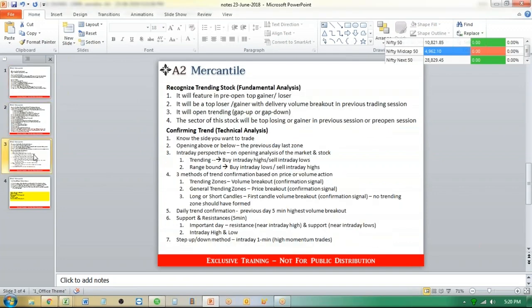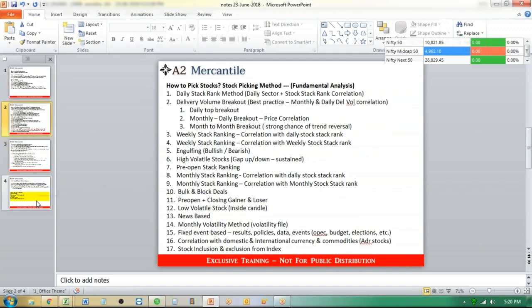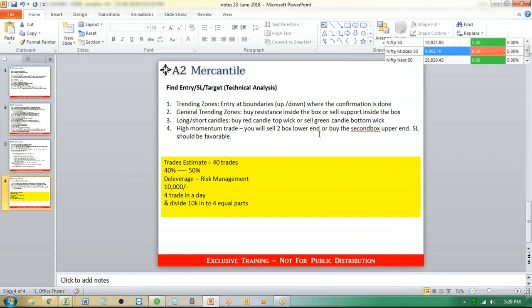See, there are two ways of keeping a stop loss. One is zone related. Second is capacity related. Now we know that we never take a stop loss which is more than 0.5%, which is 10% of the total trading capital.